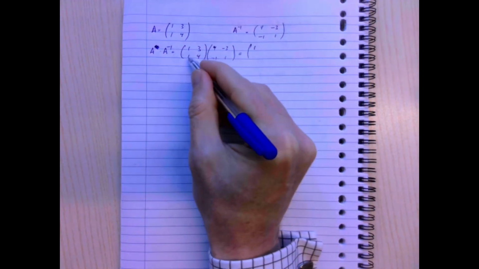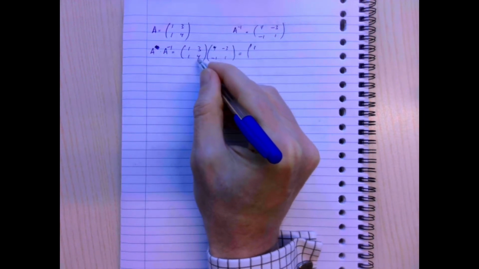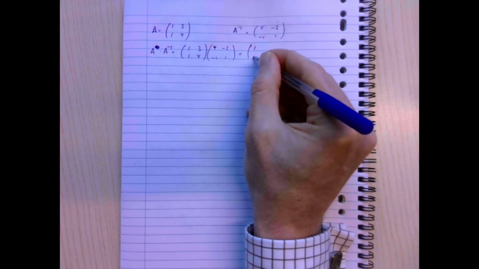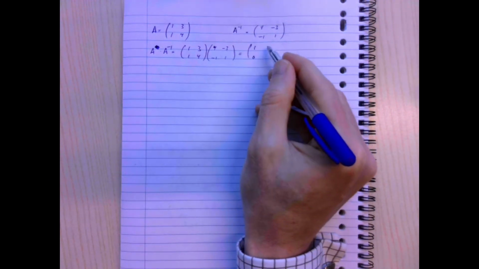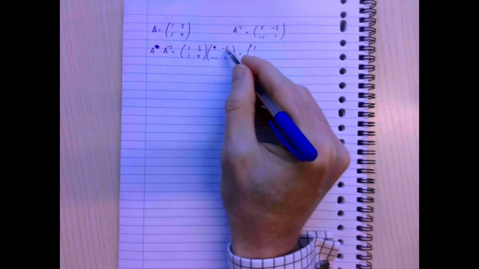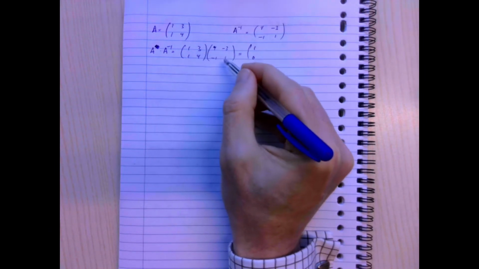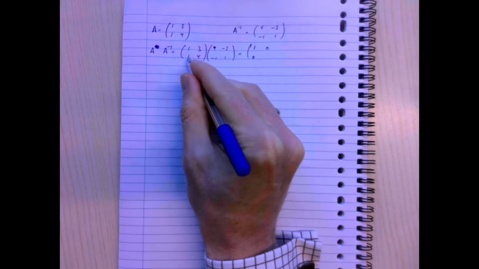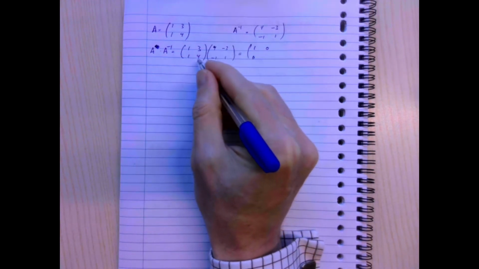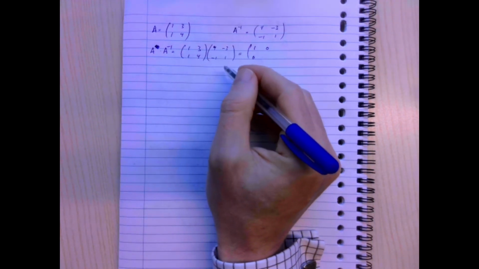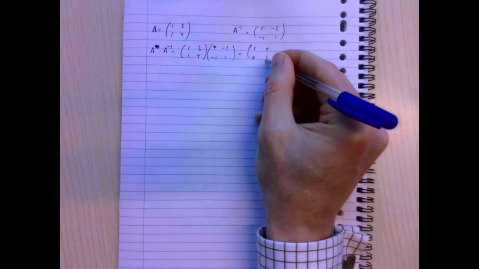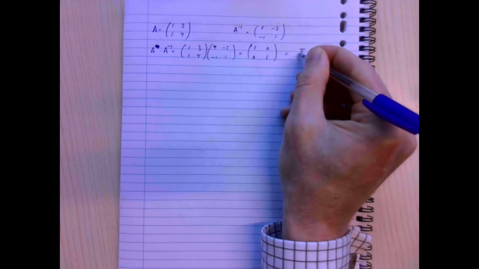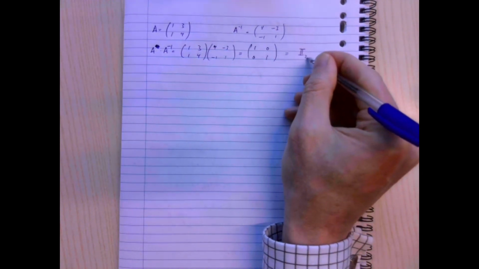Down here we get 1 times 4 plus 4 times -1, that's 4 minus 4, that's indeed 0. Up here we get 1 times -3 plus 3 times 1, again that's 0. And finally 1 times -3 plus 4 times 1, that's -3 plus 4, again 1. So indeed, this is the identity matrix in 2 dimensions.